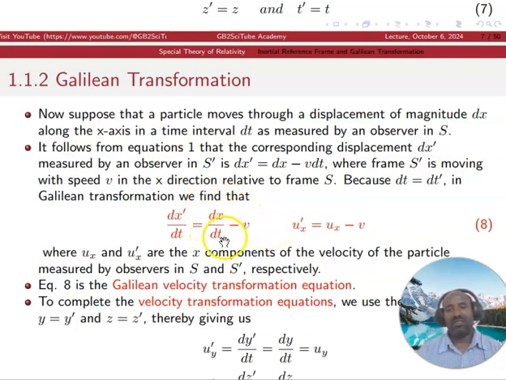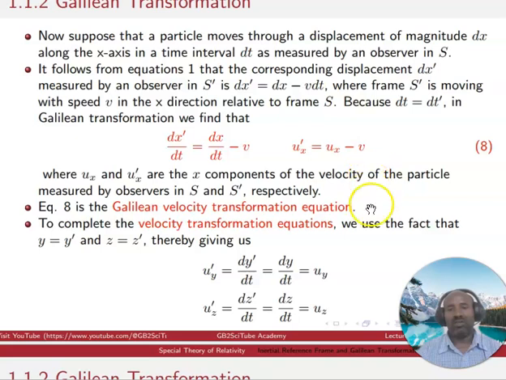So dx by dt is vx, or ux, the velocity of the event with respect to the stationary frame, and vx prime is the velocity of the event with respect to the moving reference frame. So vx prime is equal to vx minus v.